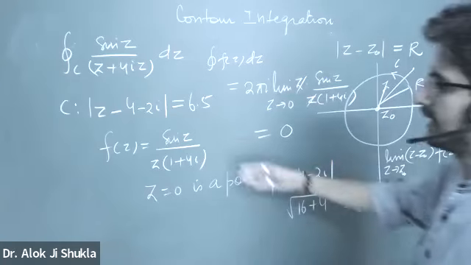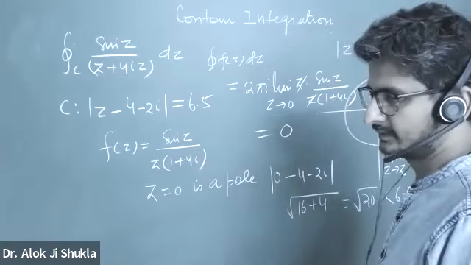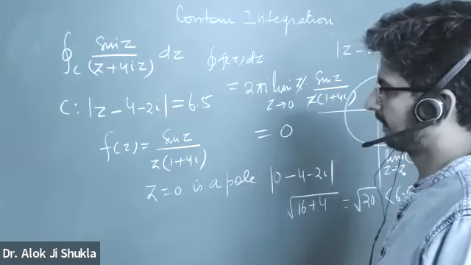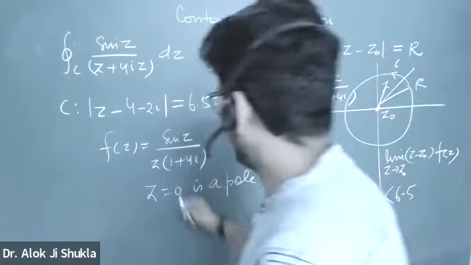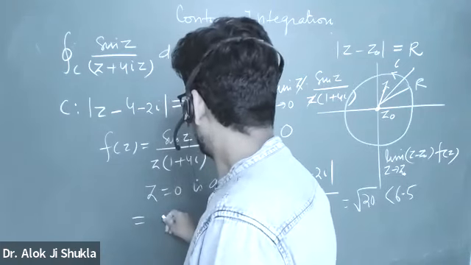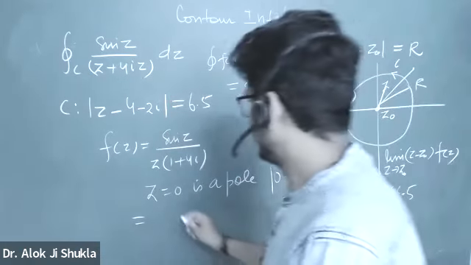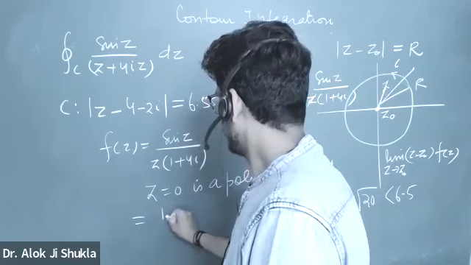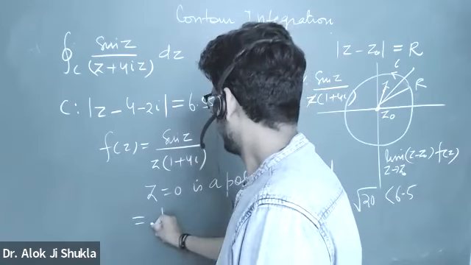So once you open this sin, at z is equal to 0, you will see that b1 is equal to 0, right? Yeah, you are right. Because if I expand this, the first term will become 1, right? Yes, sir. If I expand this, it will become 1 by z will become 1, and then 1 by 1 plus 4i.